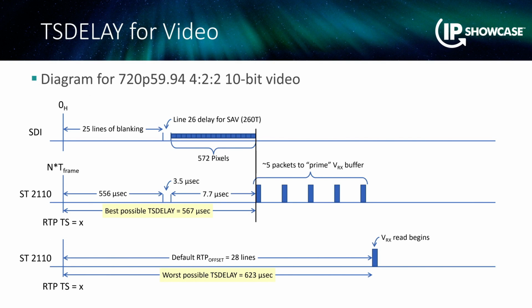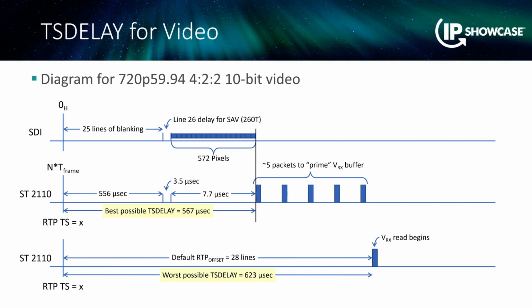There's a horizontal blanking interval there. And then in order to accumulate enough data for a full packet of 2110 data, 422 10-bit, we need 572 pixels. So that's going to give us a time of about 567 microseconds, the quickest time that a perfectly synchronized sender that's complying to 2110-21 can actually start emitting packets, okay?